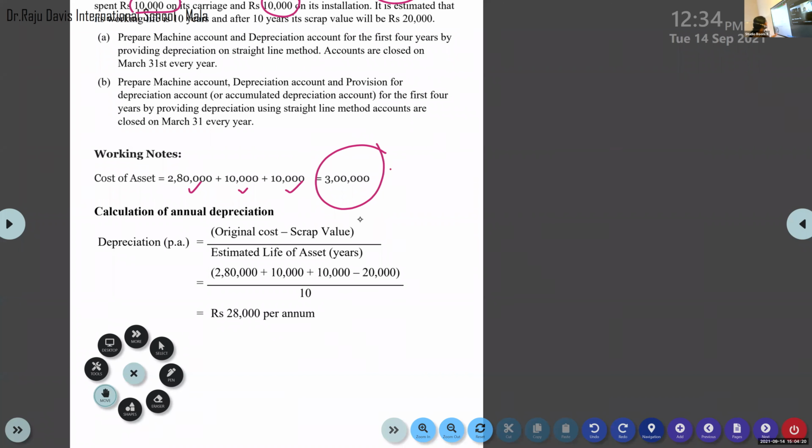Okay, this is the formula and we have all these details in the question. Yes, Alan, is it clear? Are you getting it? Okay, good.